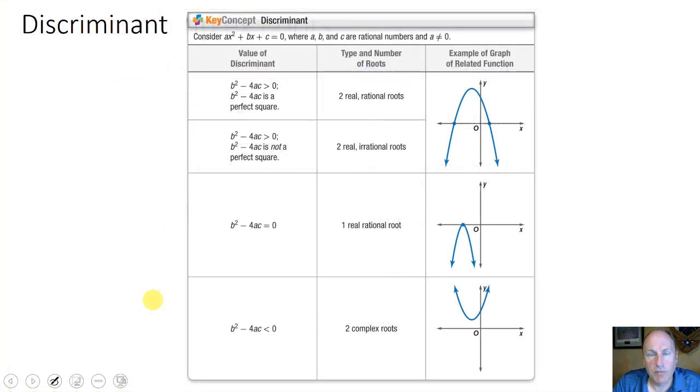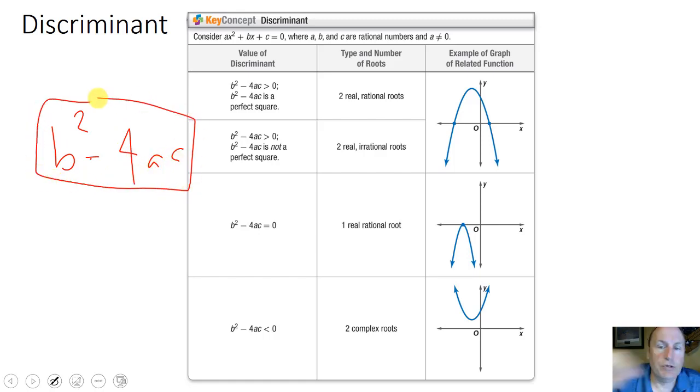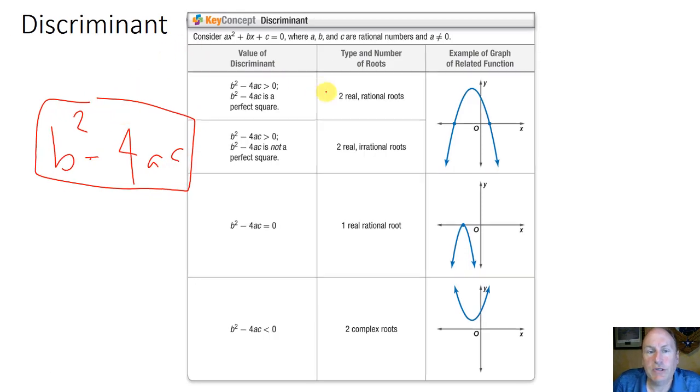When you do enough of these, you see a pattern that occurs. And the key to that pattern is what's called the discriminant, which is the part inside the radical. And that's b squared minus 4ac. That part inside the radical determines the nature of the roots.